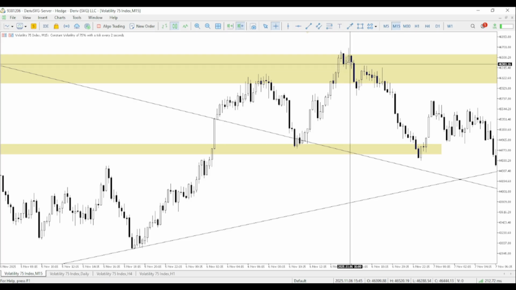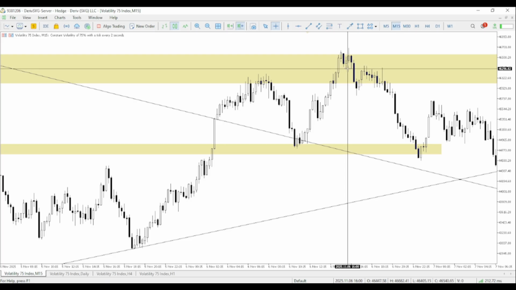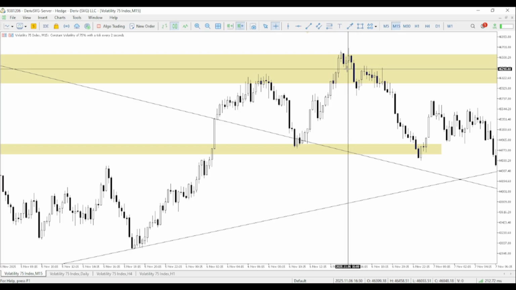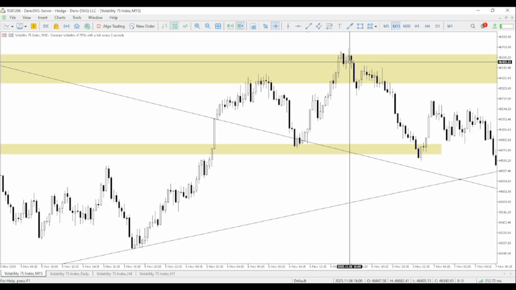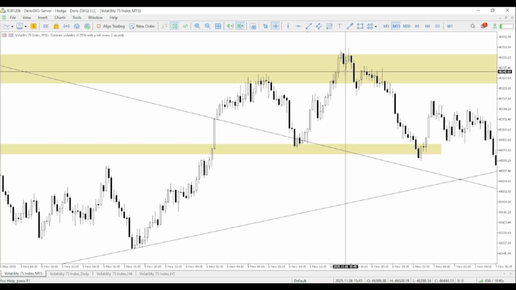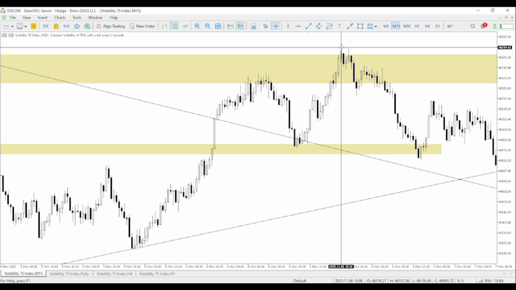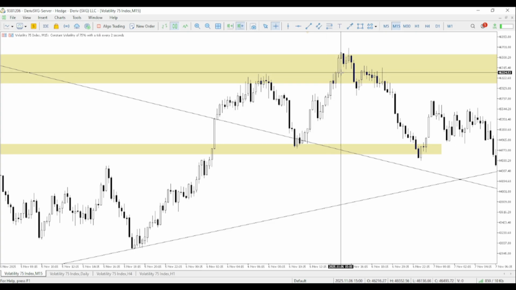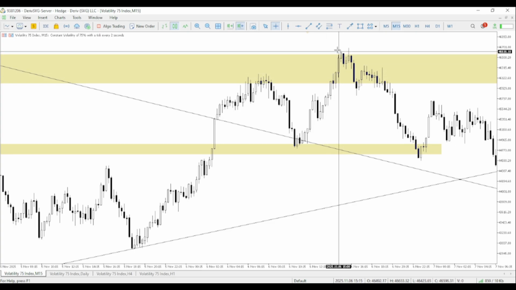This is the low of this engulfing candle. So I will wait for price to break below this low a bit. Then I will take my trade and I'll put my SL above the wick right here. So that is what I did. I took my entry around somewhere here, and my SL was here, and I took this trade.